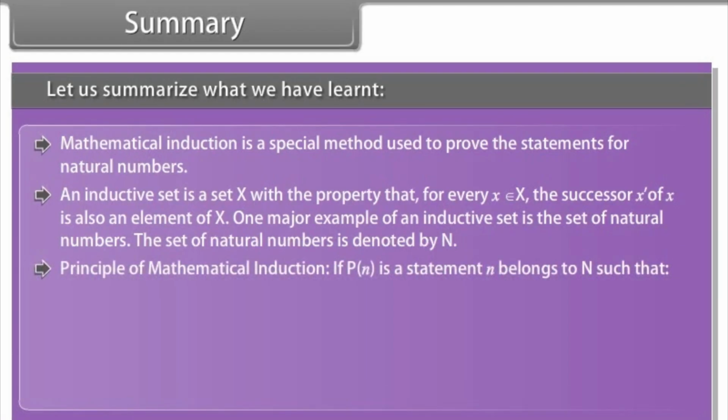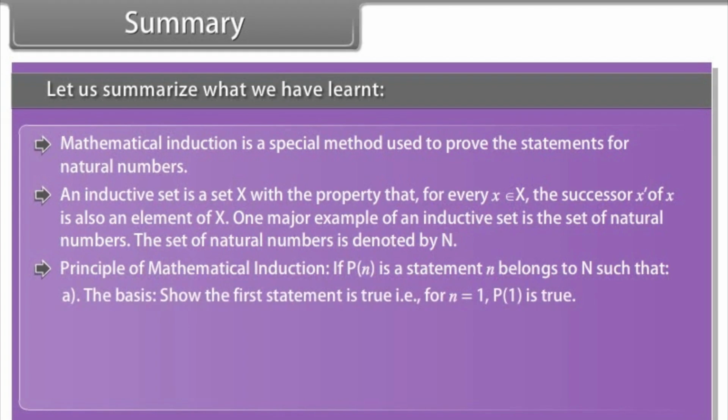Principle of mathematical induction. If P(n), n belongs to capital N, is a statement such that the basis: the first statement is true, that is, for n = 1, P(1) is true.